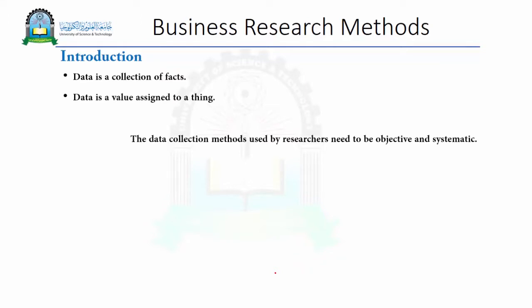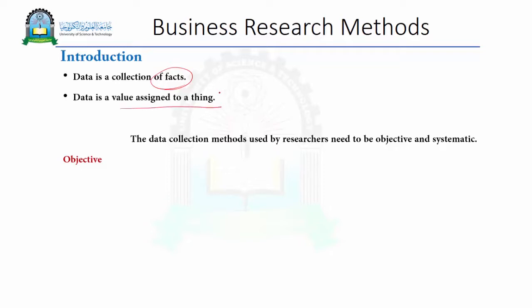The data is a collection of facts. This is very important. When we talk about research, especially quantitative research, we talk about data collected from the field and analyzed, and then we come up with findings and results. So data is a collection of facts, and it is a value assigned to a thing.